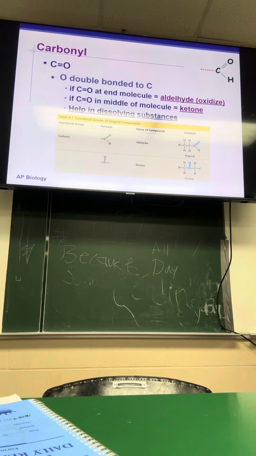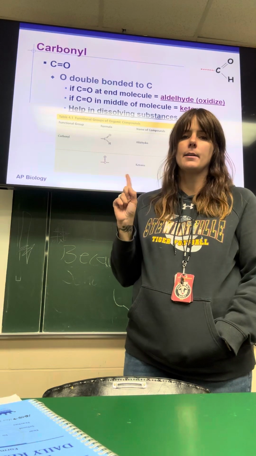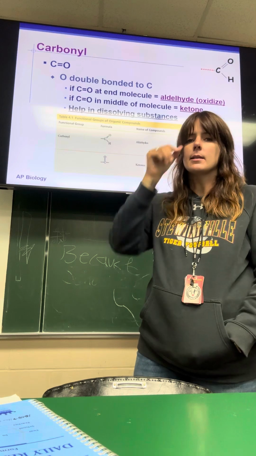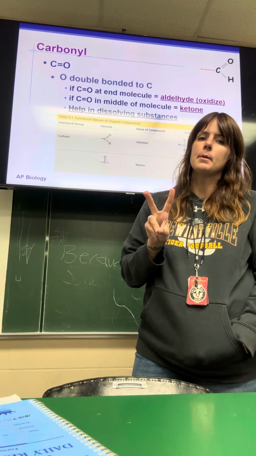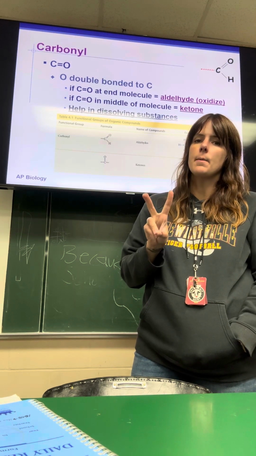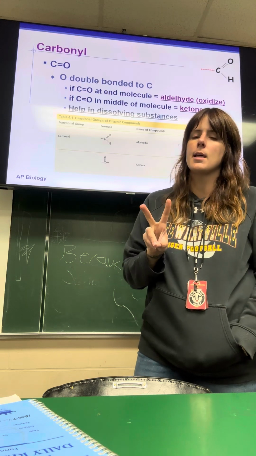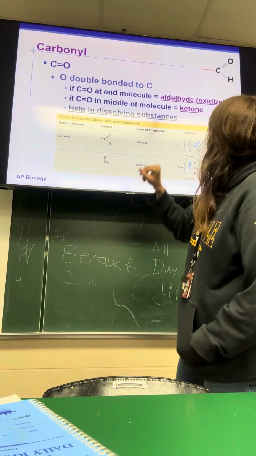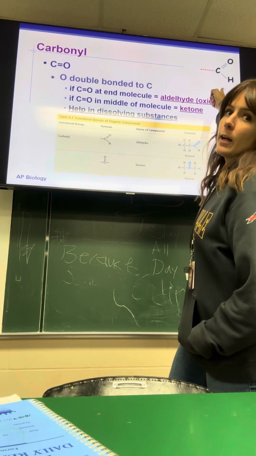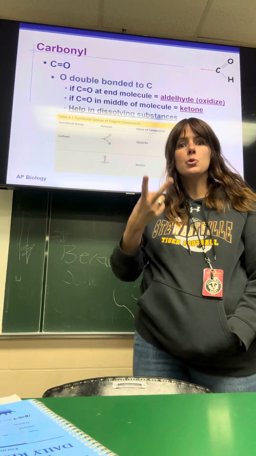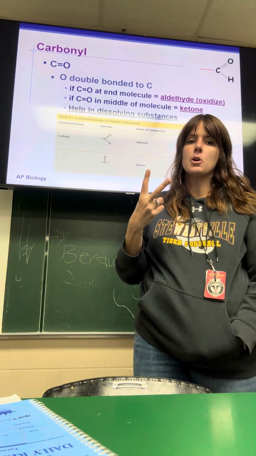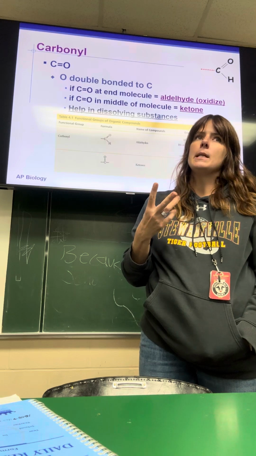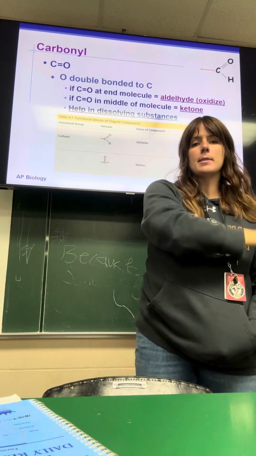Okay, carbonyl and carboxyl. I'm going to flip between these because these are the two people get mixed up the most. Something to keep in mind is that there are two different types of carbonyl groups. Carbonyl groups can be in the middle of a structure, or they can be at the end.